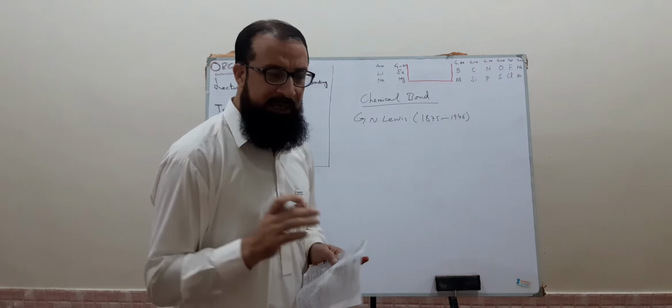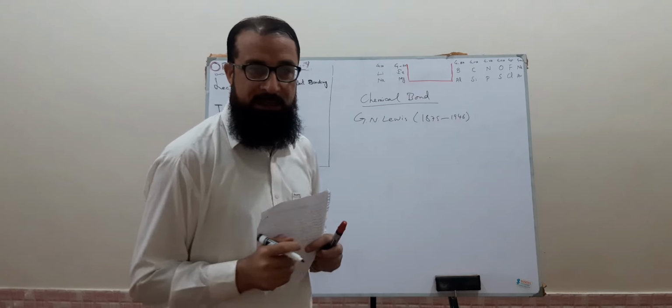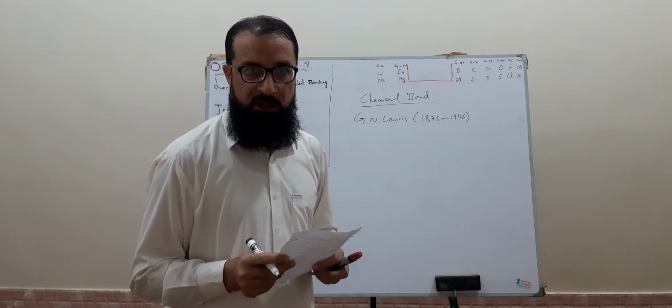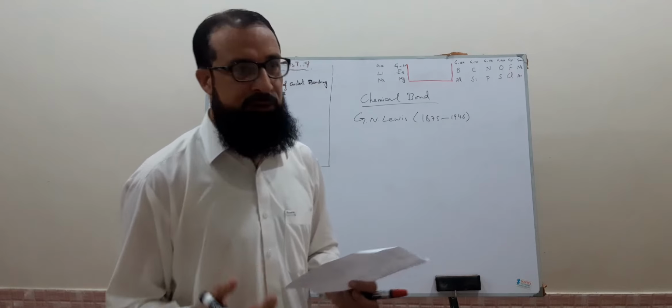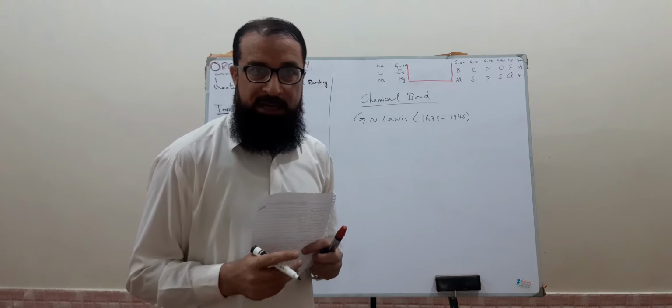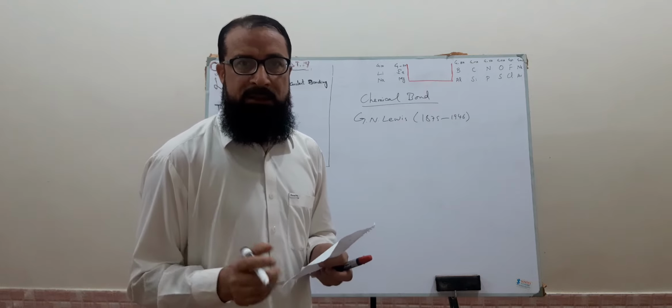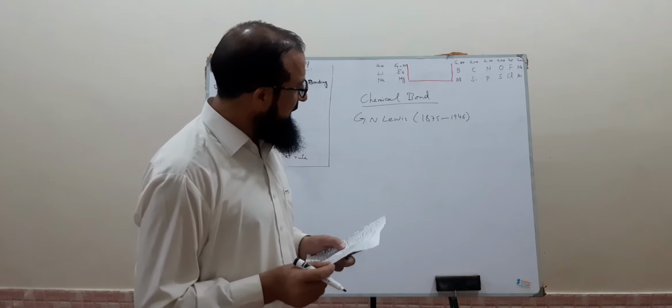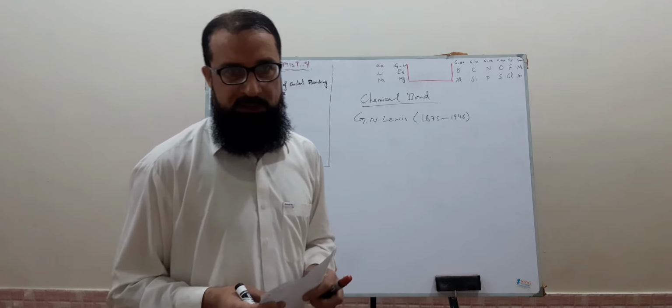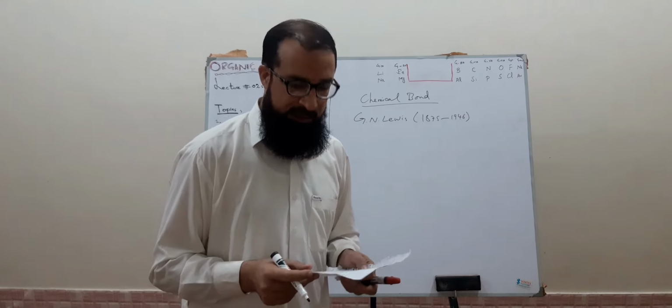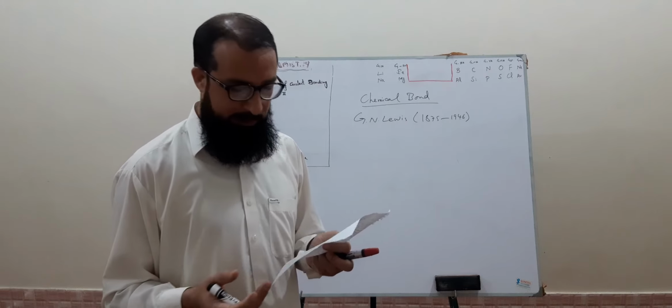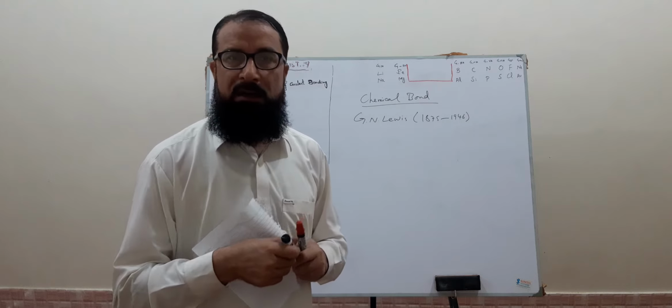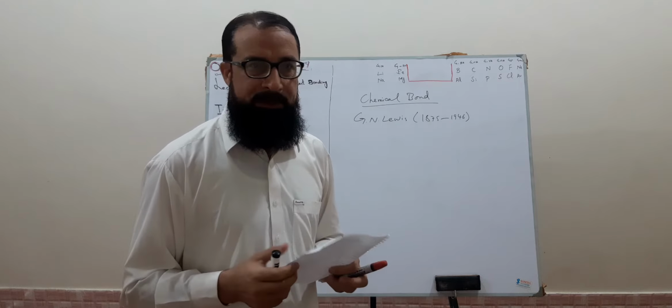G.N. Lewis is one of the famous scientists who made a great contribution in physical chemistry. He also explained the covalent bond, the dot structure, which we also call the Lewis structure, and he also explained the concept of acids and bases.